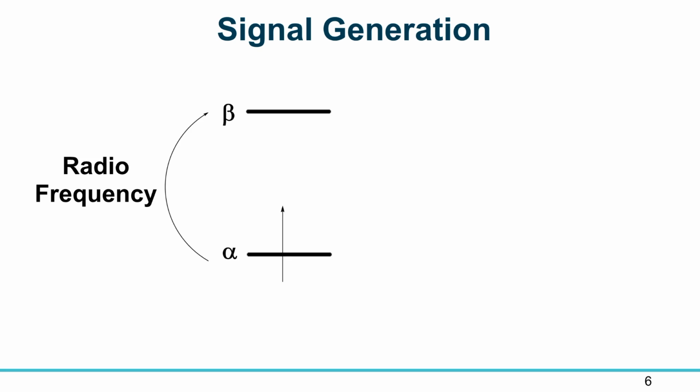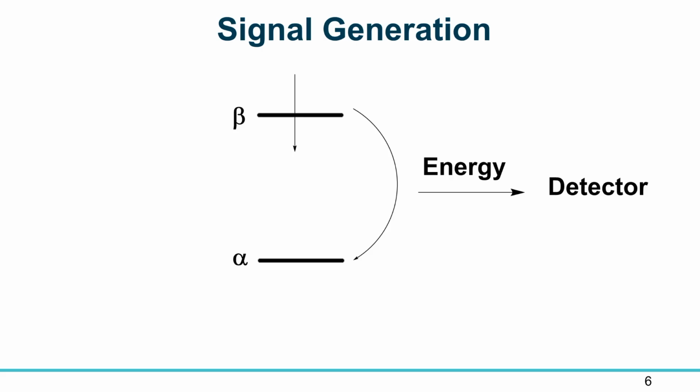Nuclei can be excited from the lower energy alpha state to the higher energy beta state by absorption of a pulse of radio frequency energy. This transfer of energy and excitation is called resonance. The signal that we observe results from the corresponding relaxation and release of energy by individual nuclei.